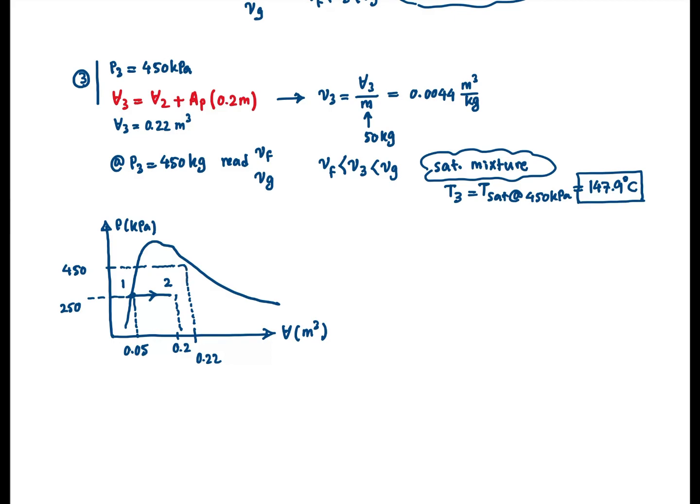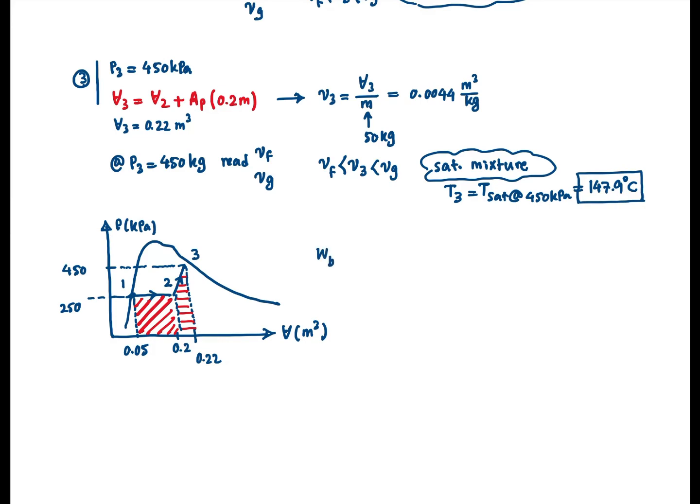Because during process 2-3, a linear spring is involved, the relationship between pressure and volume will be linear. So this line will be process 2-3. This is going to be our PV diagram, and the area under the curve will give us the total work. So this area, the area of this region, and this one will be the total work. Let's write it.